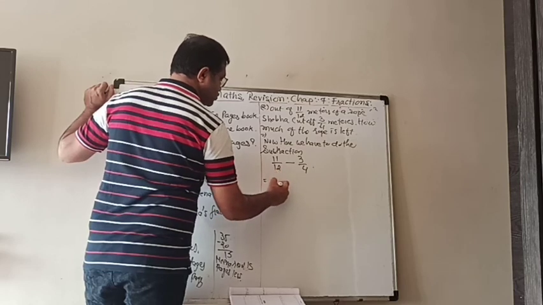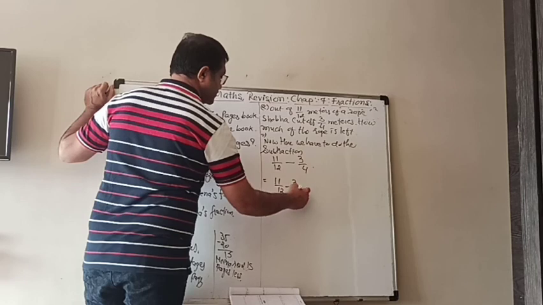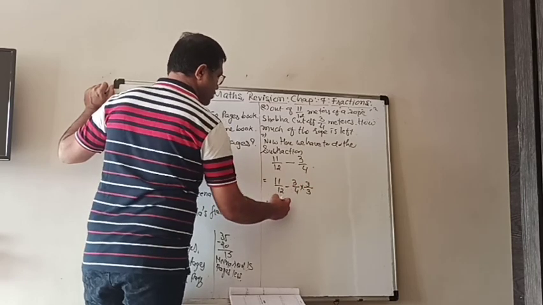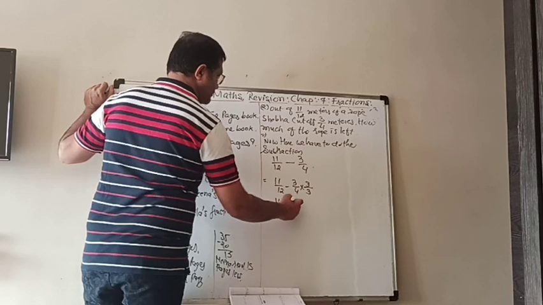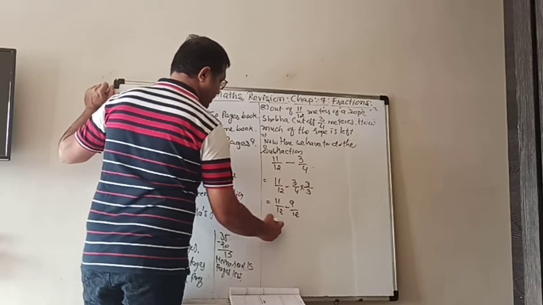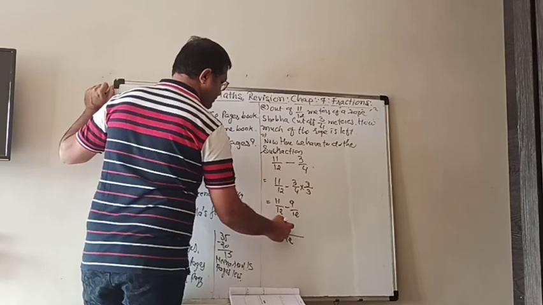So now the LCM is 12. So 11 upon 12 minus 4 3s are 12, so 3 upon 3. So 11 upon 12 minus 3 3s are 9 upon 12. 12 is the LCM, 11 minus 9.